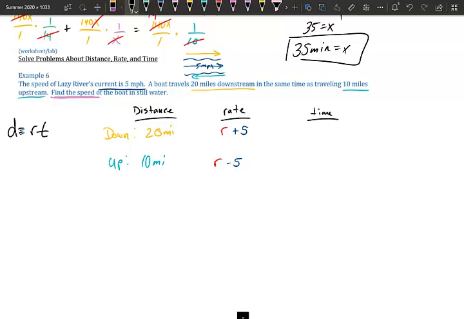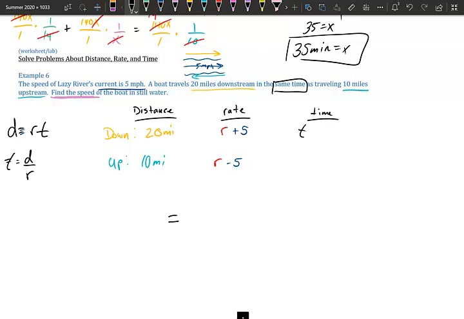It's the same time. So if it's the same time, they equal each other. It tells us same time. So we know time is distance over rate.